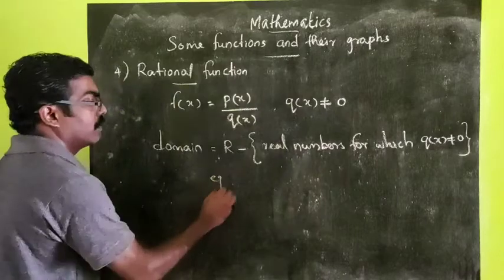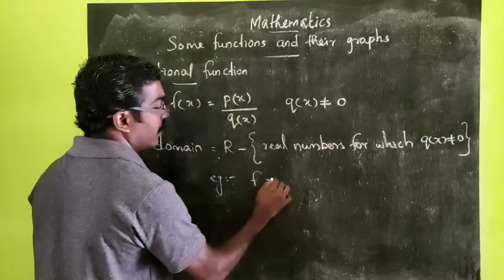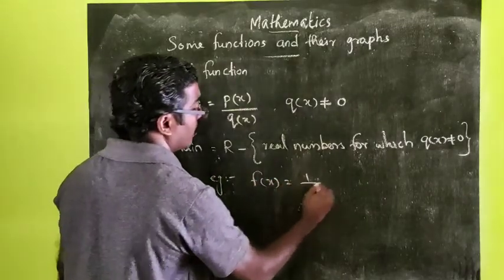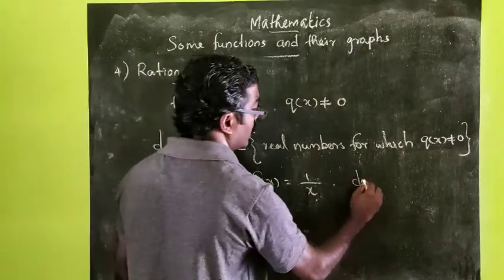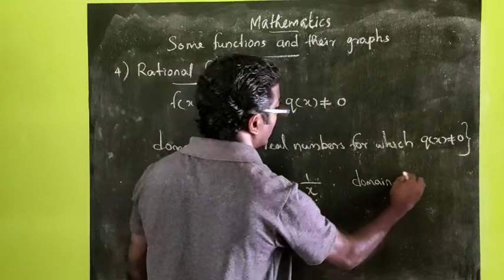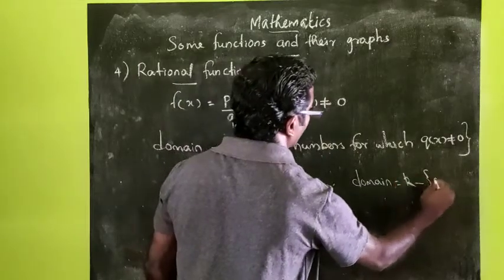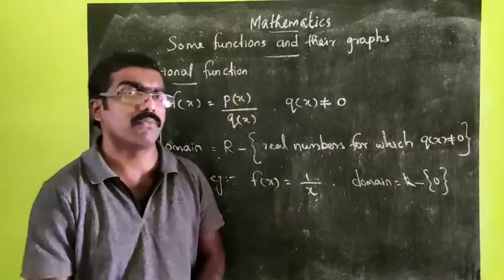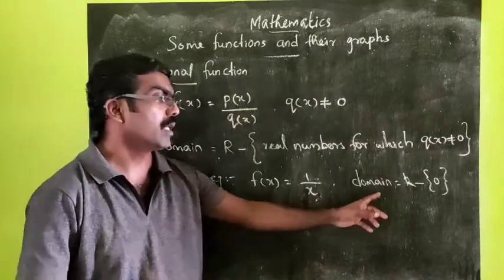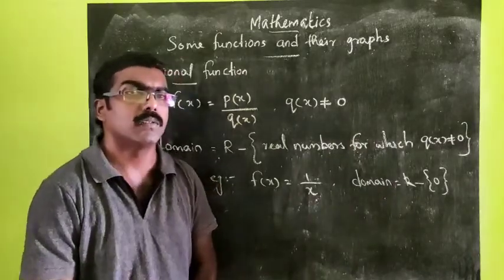For example, if f of x is equal to 1 by x, here the domain is what? Domain is the set of all real numbers except 0. Okay, if the denominator is 0, the function is not defined. That's why domain is R minus set 0.